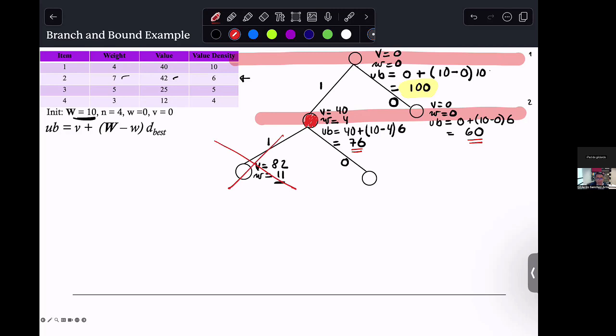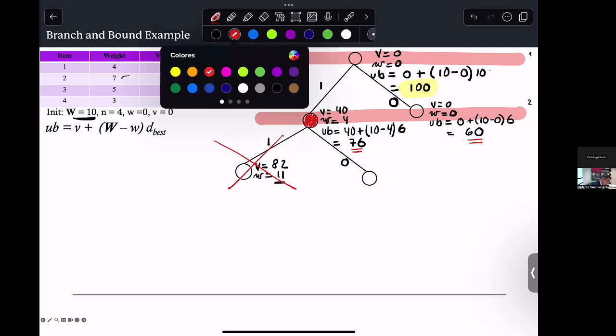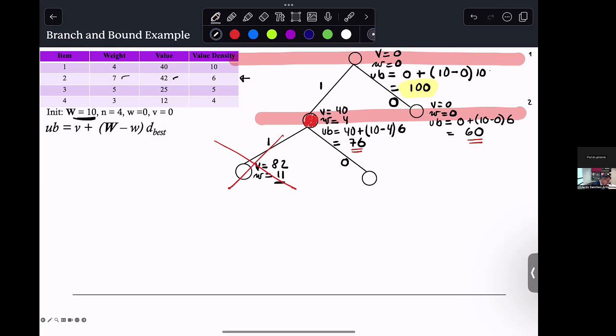So I have to discard that branch and I will not explore anything below that, right? So goodbye, my dear friend. And let me clean here. And then what we can do is to consider that we are not going to include the second item. So B is going to be 40.